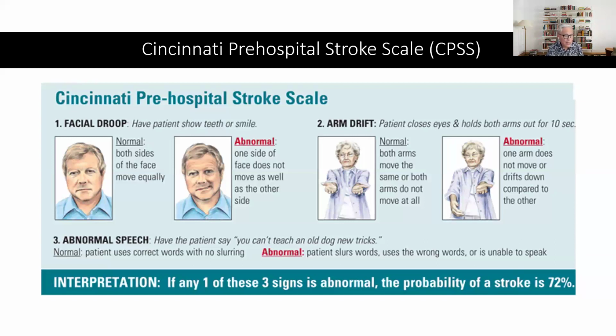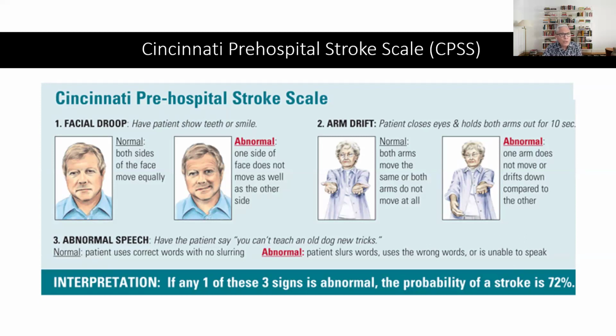And lastly, they're going to have the patient say, "You can't teach an old dog new tricks," or similar phrases like that. Normally, the patient uses correct words with no slurring, but in people who are suspected of having a stroke, the patient might use slurred or even inappropriate words, or worse yet, they might be mute.